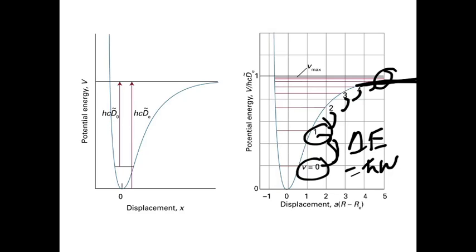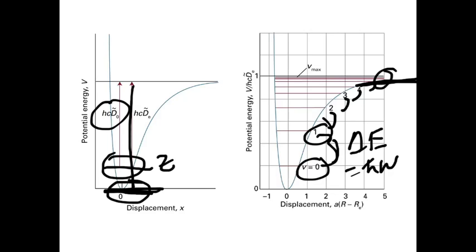Now, there's also a difference between what we call the D0 and the DE. Our DE is the dissociation limit from the bottom of the electronic potential. The D0 is the dissociation limit from the ZPE.